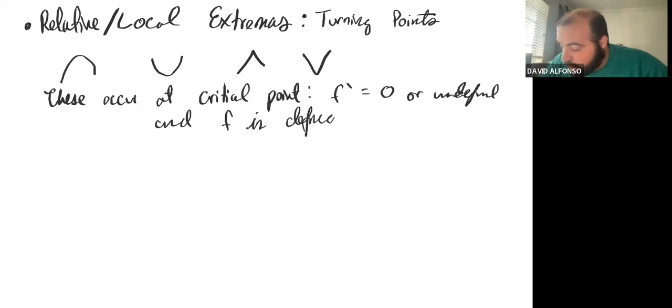So basically the point has to exist. It can't be a hole, it can't be a vertical asymptote. Those are not included as critical points. Critical points are defined points where the slope is 0 or undefined. So that's why all of these are relative or local extremas.